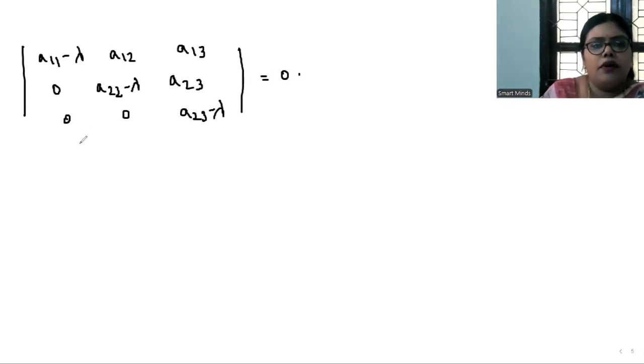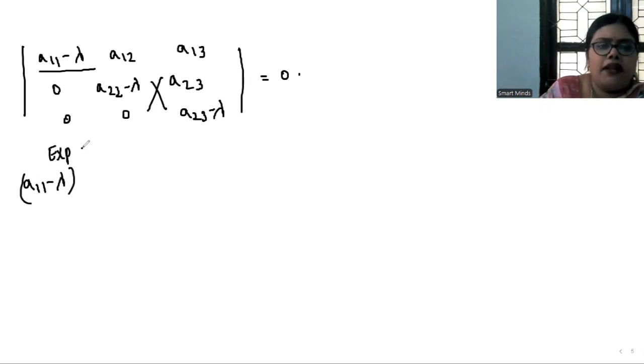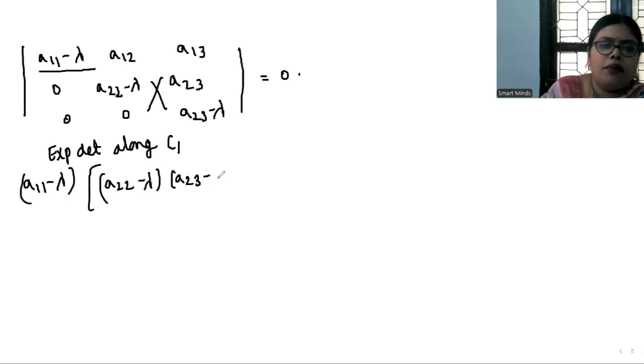Now we need to expand the determinant. Let us expand along C1. So just you take this and you cross multiply this. You will get the answer. So A11 minus lambda, here let us write expanding the determinant along C1, into A22 minus lambda into A33 minus lambda minus 0 is equal to 0.